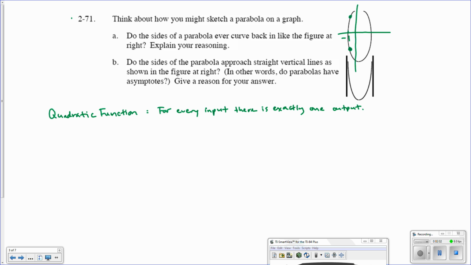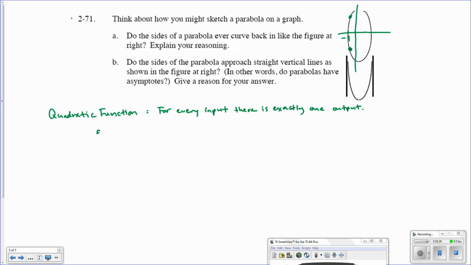I'd have this input for -1 would have two different outputs, and that's impossible. We can't have that. So do the sides of the parabola ever curve back? It'd be impossible because we'd have inputs that would contain more than one output.